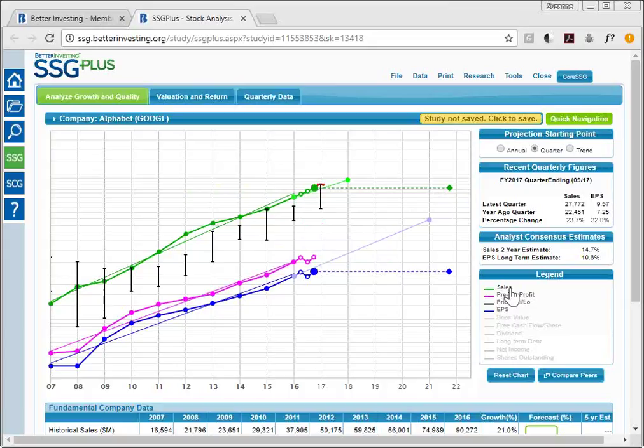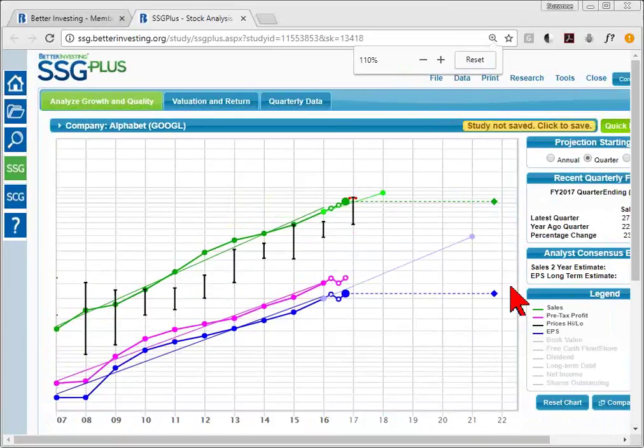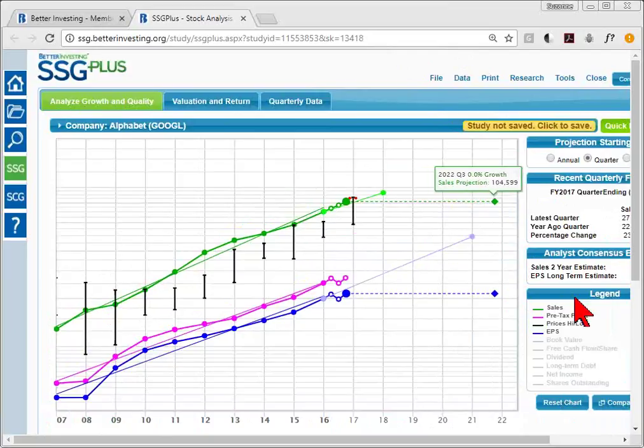So here, and I'm going to actually blow this up a little bit, I can see that this green line is referencing sales. The fuchsia line, if you will, is referencing pre-tax profit. The blue line is for earnings per share, and the black bars are our price bars.